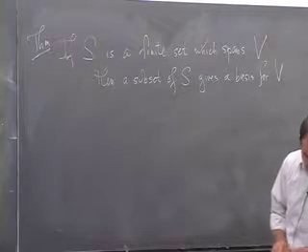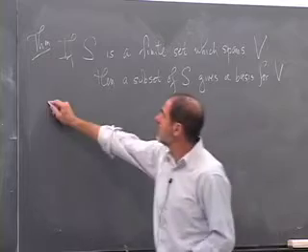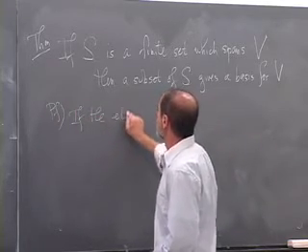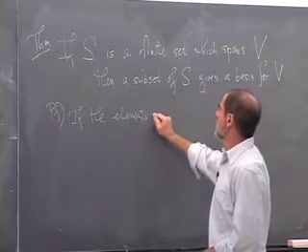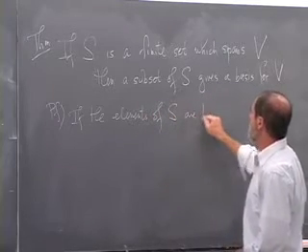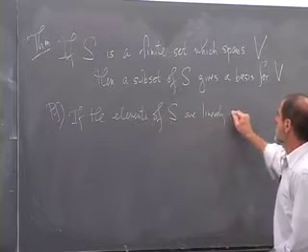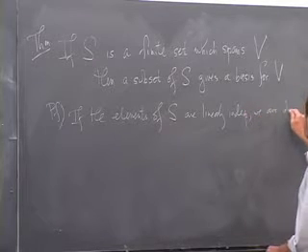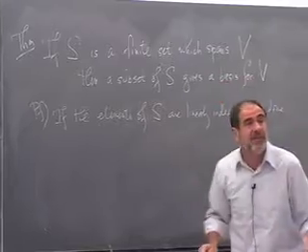Okay. So proof: if the elements of S are linearly independent, we are done. Because that's the second condition you need on S to be a basis.